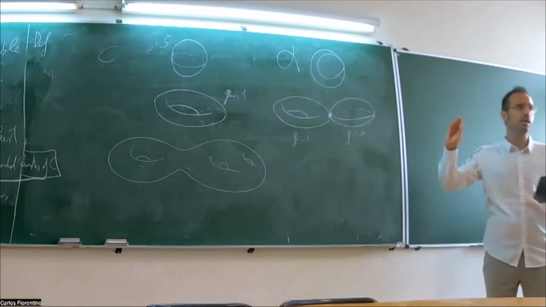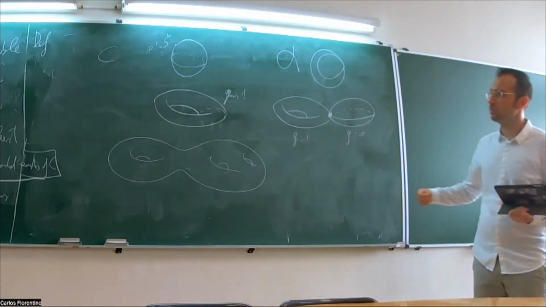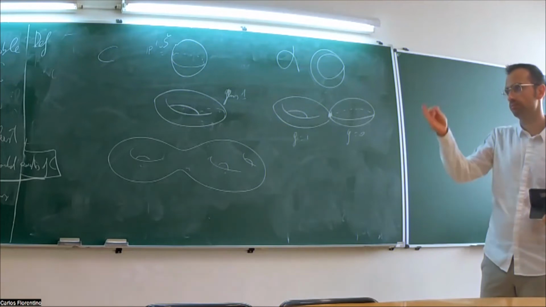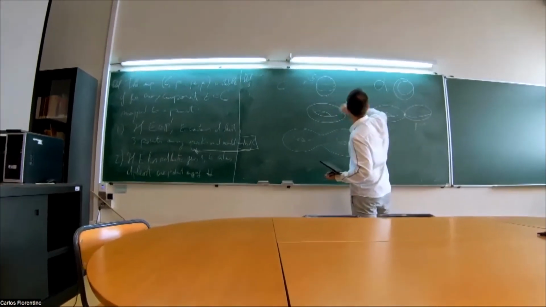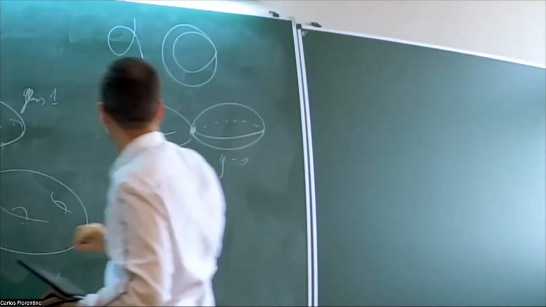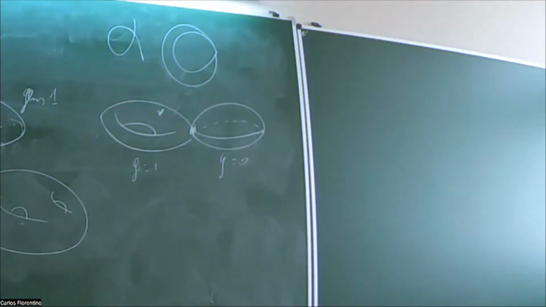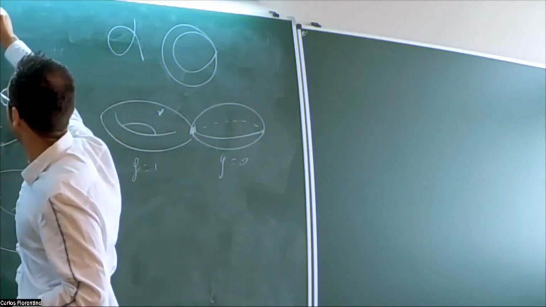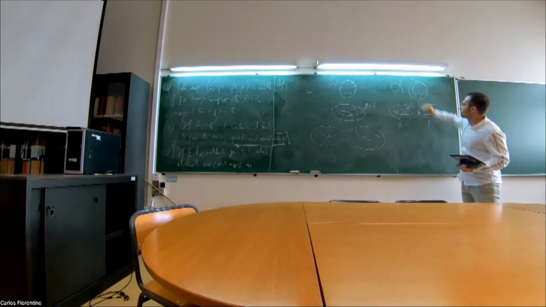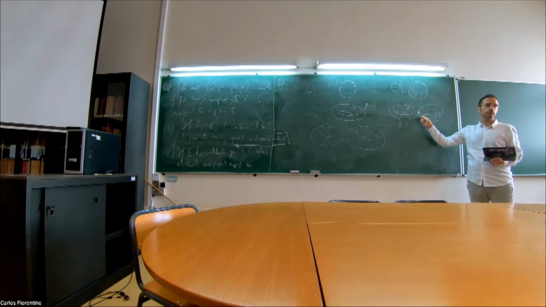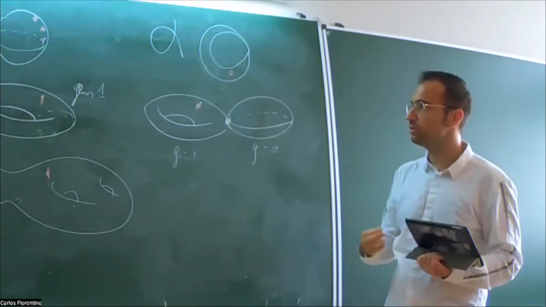These are all examples of C. Then we can have a marked point, for example, this. I will use another color for marked points. This cannot be a marked point because it's a singular point.